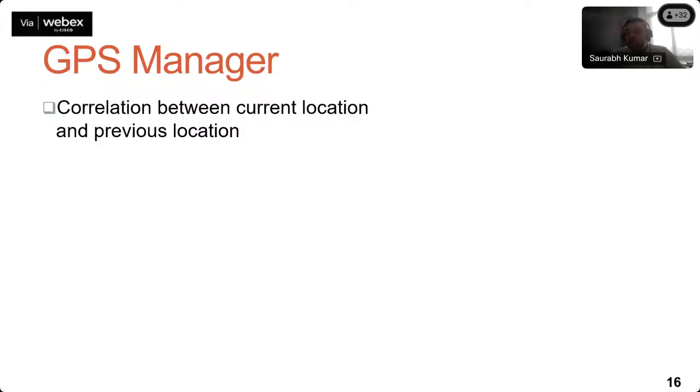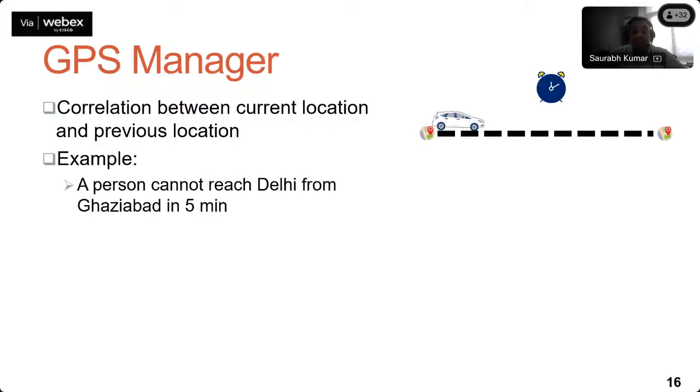One is the correlation between the current location and the previous location, right? For example, let's say we are just designing this sensor manager and providing random values. But random values will not work for GPS because the current location depends on the previous location.